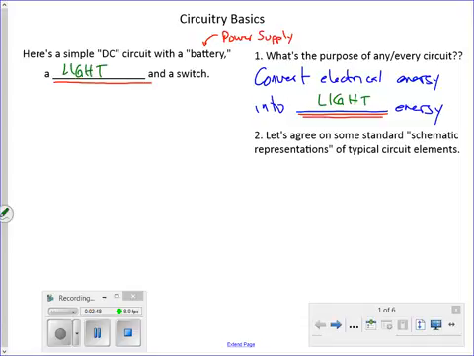All right, let's draw here. Battery. A battery looks like this, one of those D batteries. Then we've got the switch part.